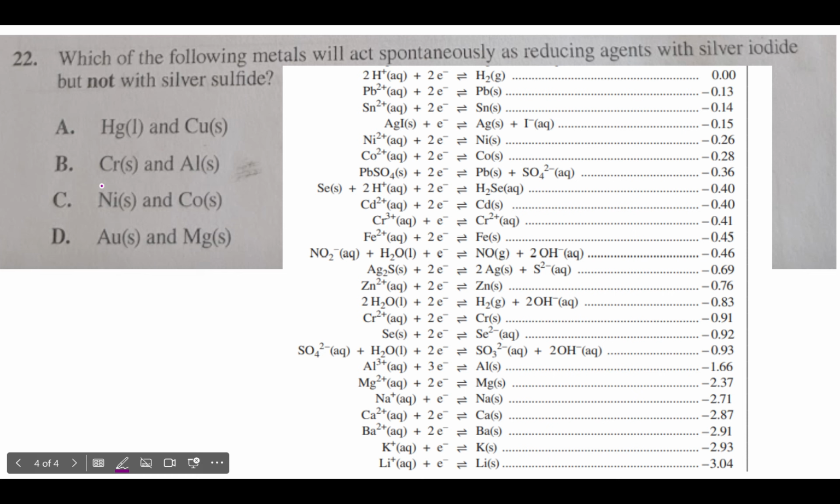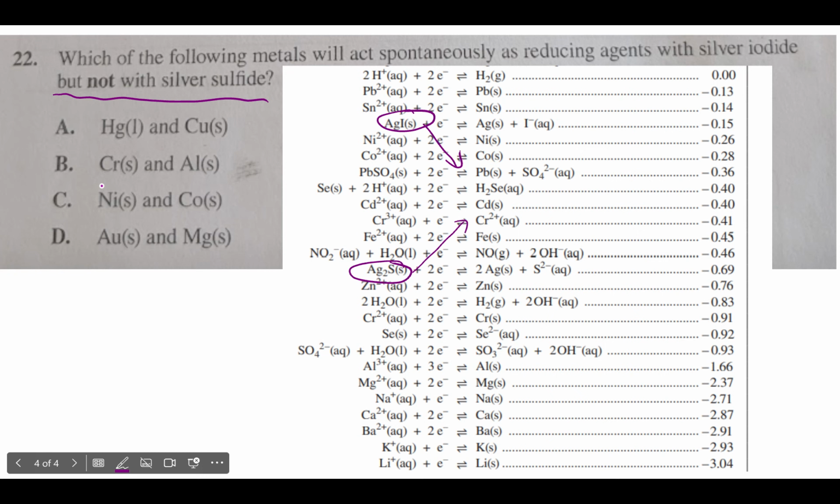Silver iodide, you probably already see it. Okay, well, silver iodide, this one, and oh, there we go. It is right there. So if you're going to react spontaneously, you would want the metals to be below. And if it's not going to react with silver sulfate, the metals that's listed would be above.